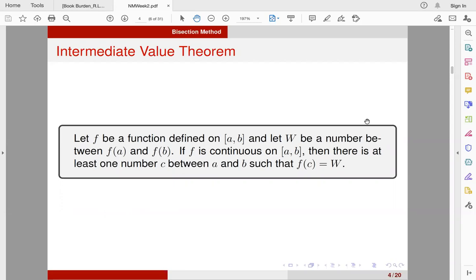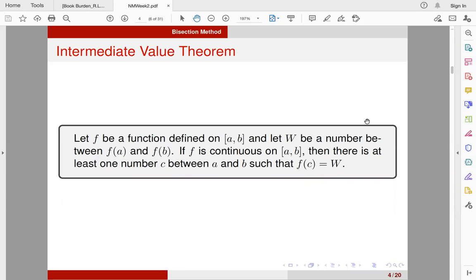the intermediate value theorem. Okay, so the intermediate value theorem in calculus, we already know this. Let f be a function defined on closed interval [a, b], and let w be a number between f(a) and f(b). So w is in the range of f.